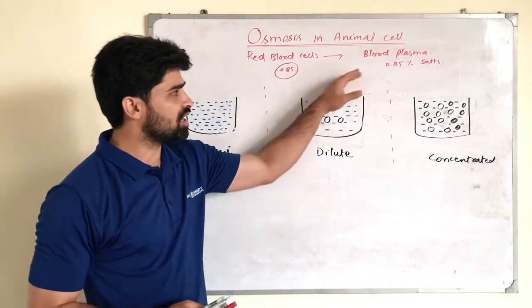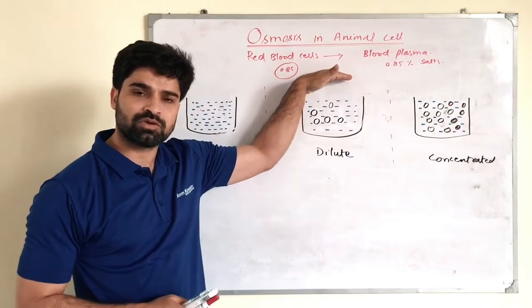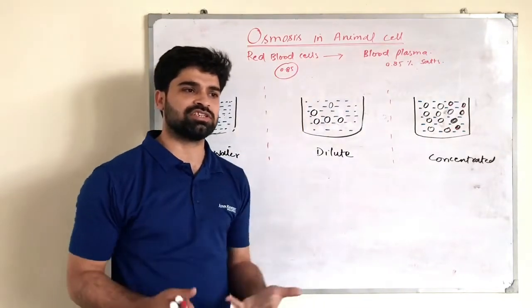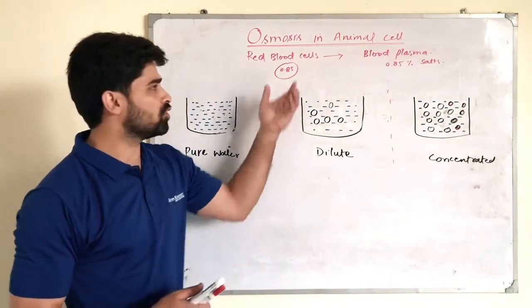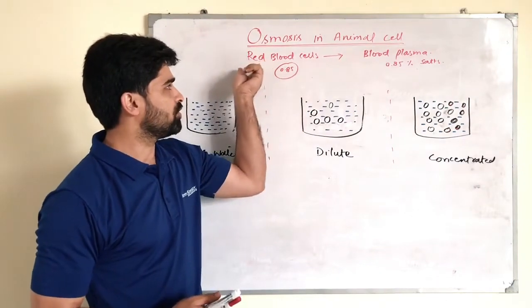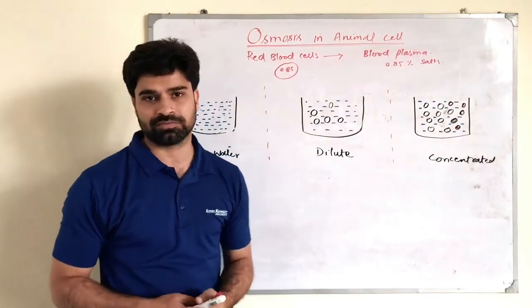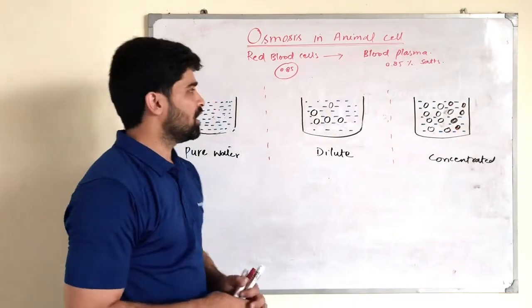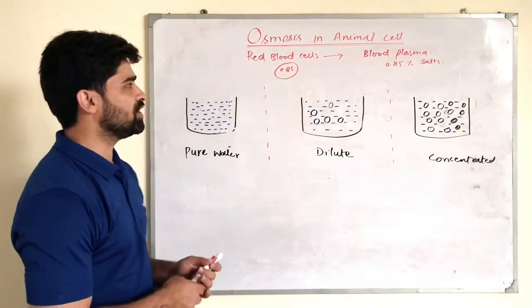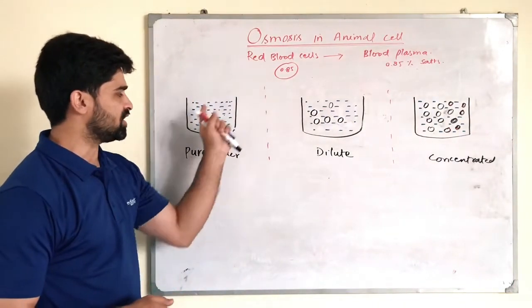That means they are at equilibrium. So in normal conditions, no osmosis occurs between the red blood cells and the blood plasma. But what will happen if we put the red blood cells in pure water?